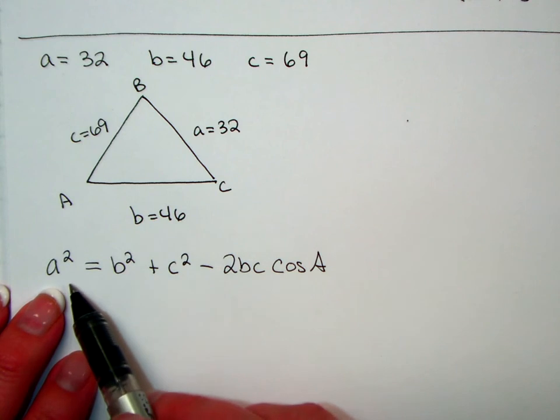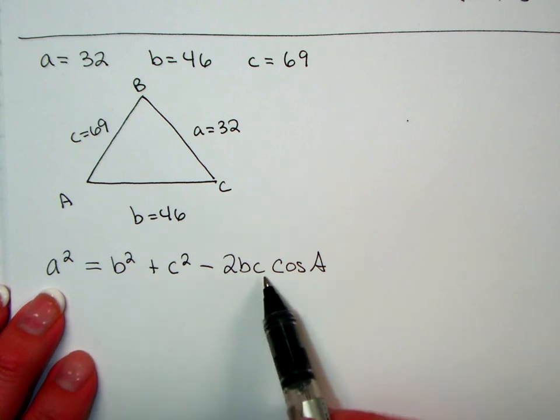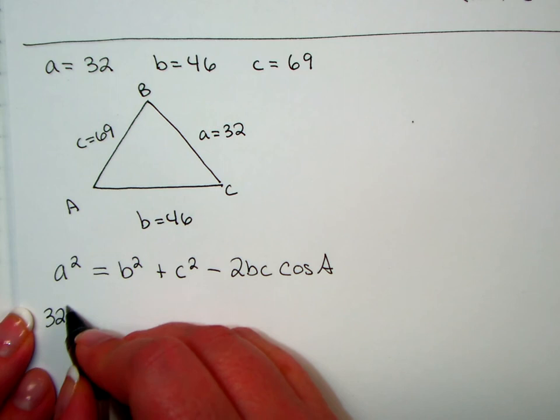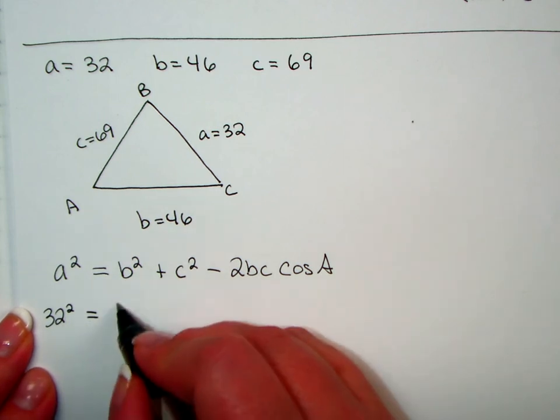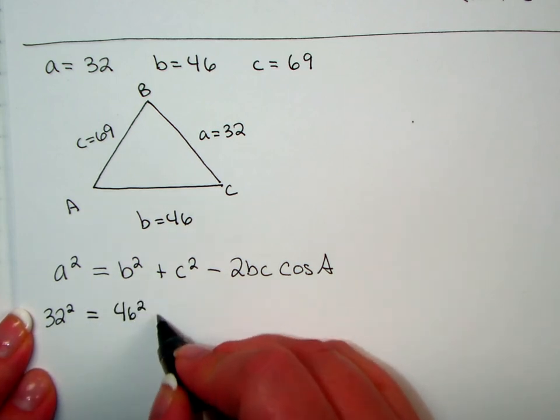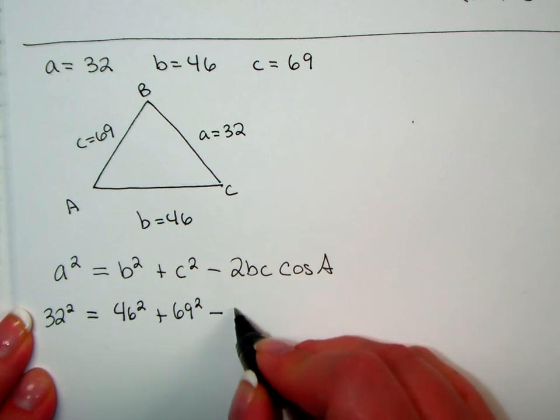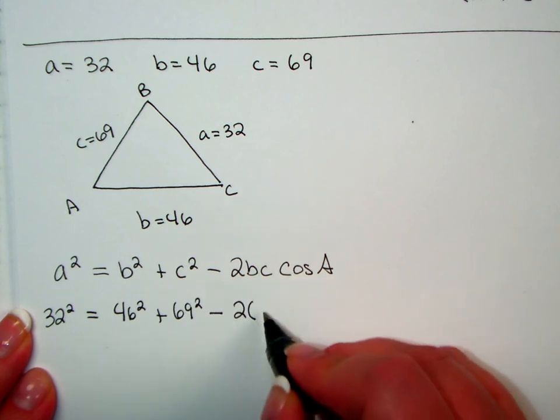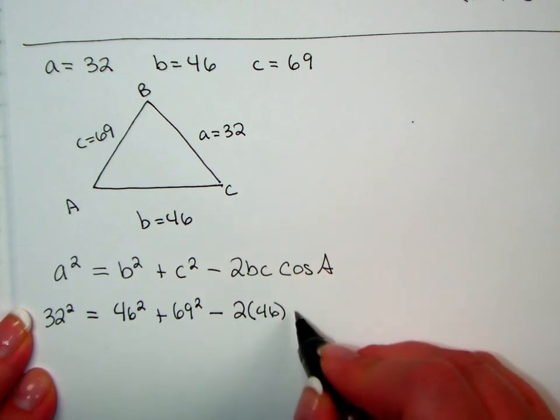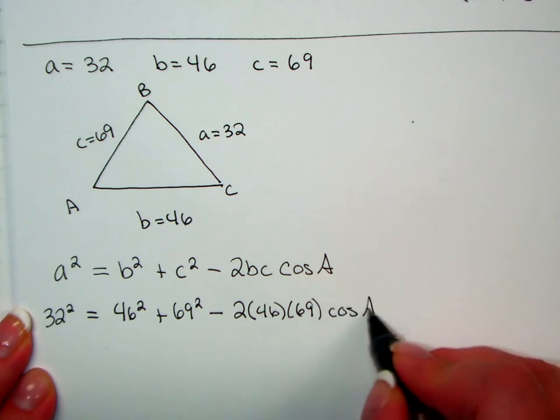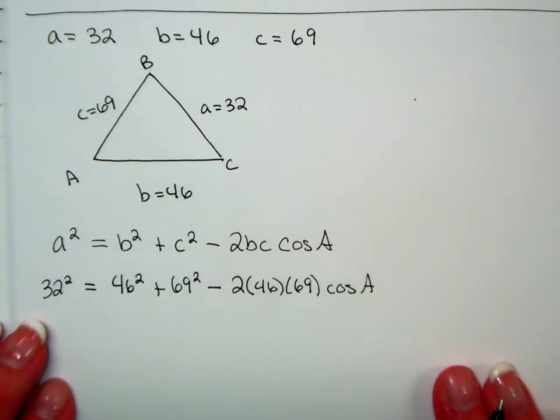And then I'm going to go ahead and plug all my sides in there. So little a squared equals little b squared plus little c squared minus 2 times b times c times cosine A. All right. Now we've done this a couple times.